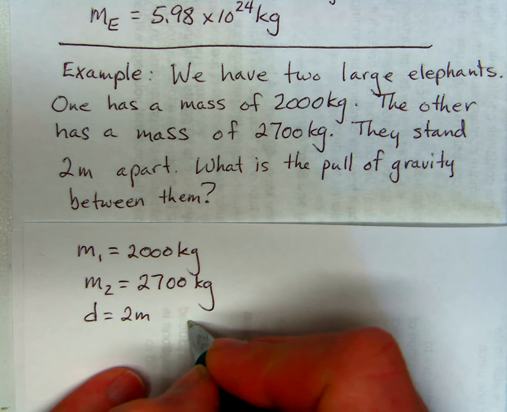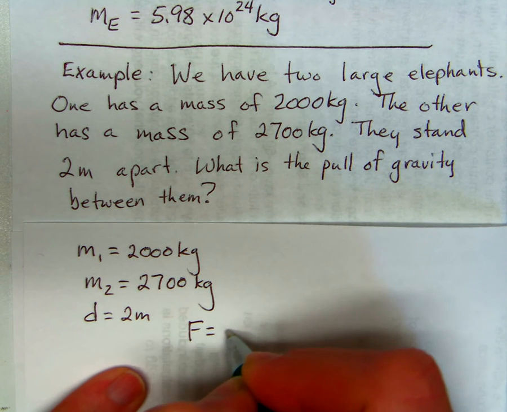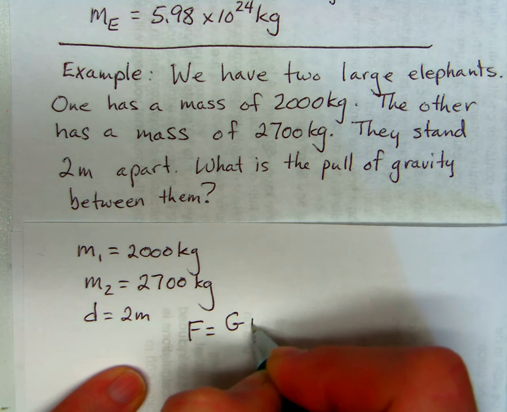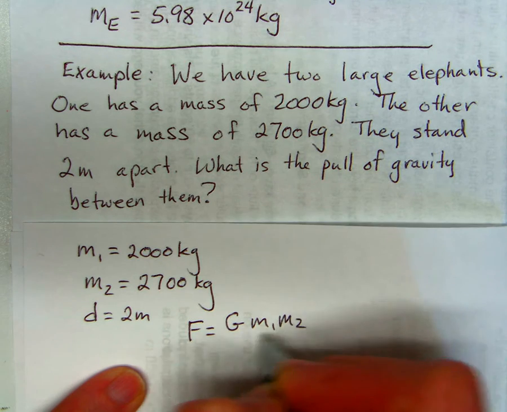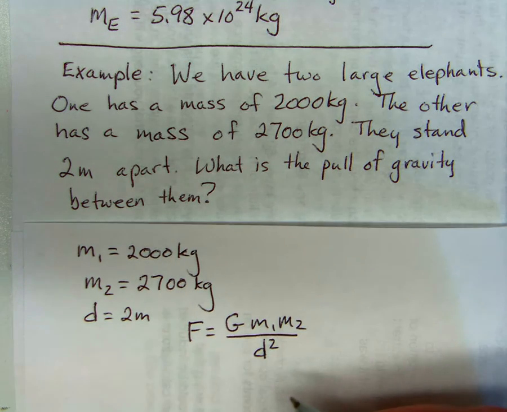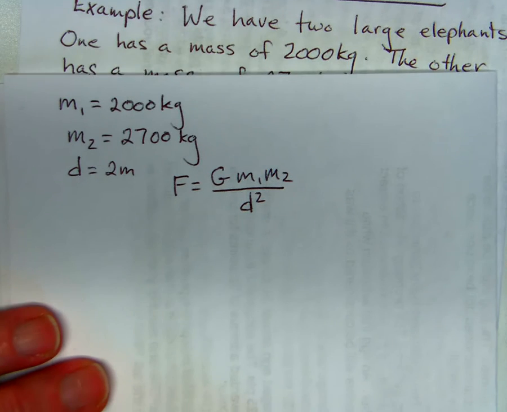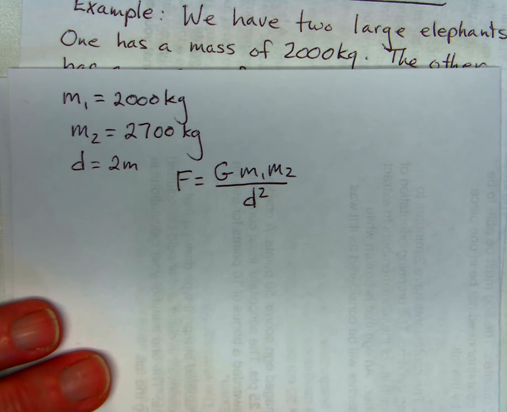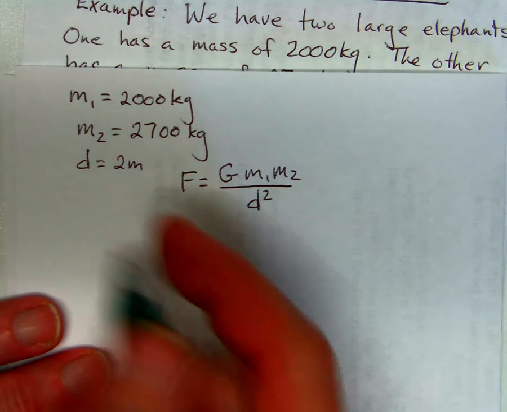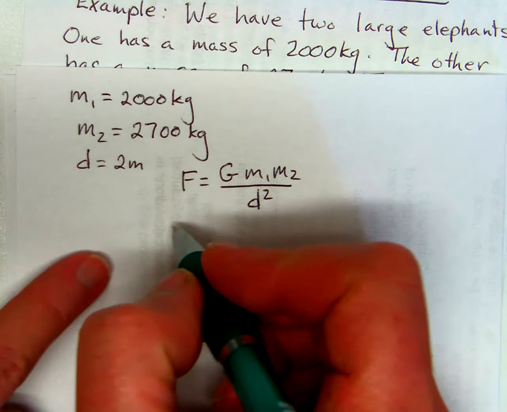Our equation for the gravitational force is G m1 m2 divided by d squared. So we're going to fill in the values here.